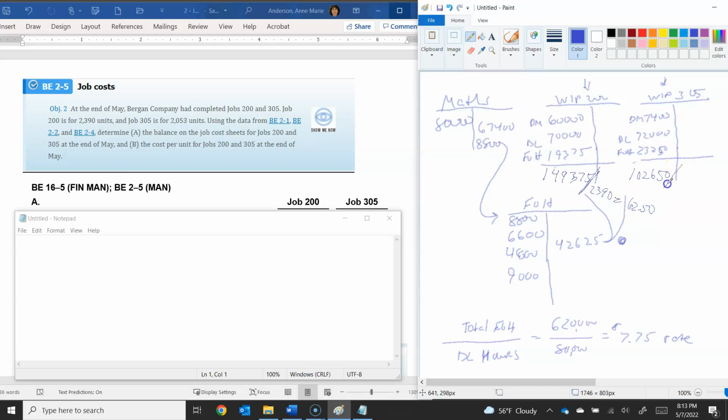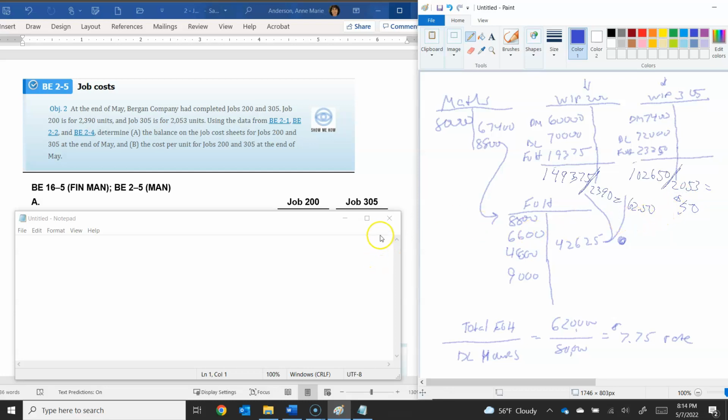Whereas job 305 cost me $102,650 to make, and it made 2,053 units. That's in the data on the other side. And that comes out to be, nice round number, $50 per unit. Okay, so that's how that works.